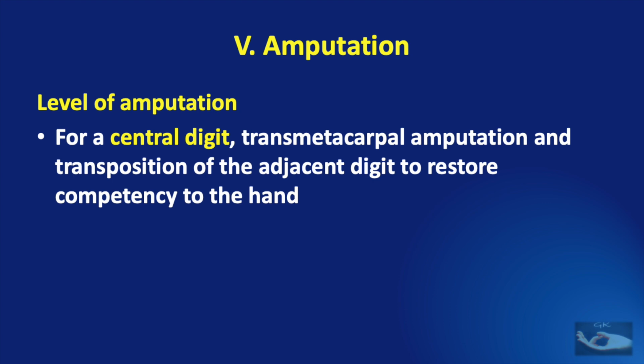Hence, for a central digit like the middle finger or the ring finger, transmetacarpal amputation needs to be done and transposition of the adjacent digit, either the index finger for the middle finger or the little finger for the ring finger, needs to be done.